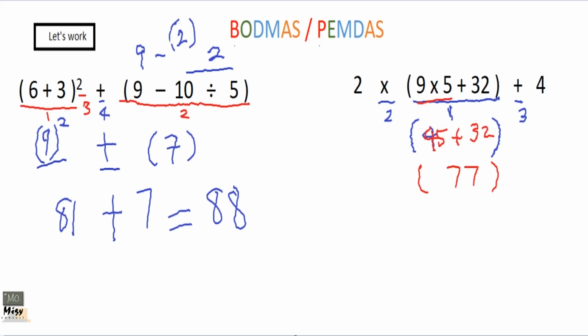77, right? Good. Then the next thing we're going to do is the multiplication. So times 2. Okay, keep your plus because you are not there yet. Plus 4, keep it. Let it come down here. Don't work that. So 2 times 77 is 154.